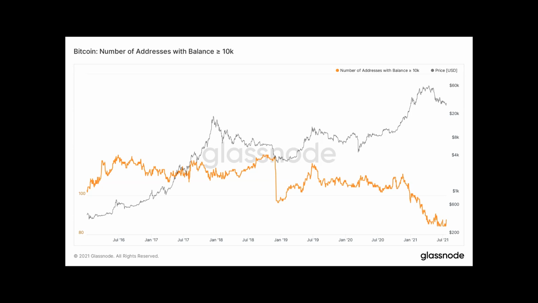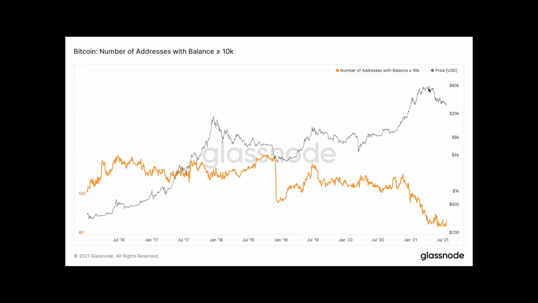So for example, here we can see that around December, January, the number of addresses with a balance of 10,000 coins or more had been decreasing. So this could have given us some insight as to, okay, maybe there's going to be an important high that's going to form very soon. And as you guys saw in April, we did see a major high on Bitcoin.